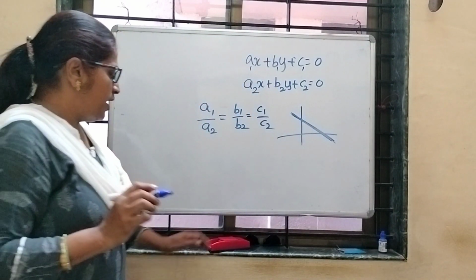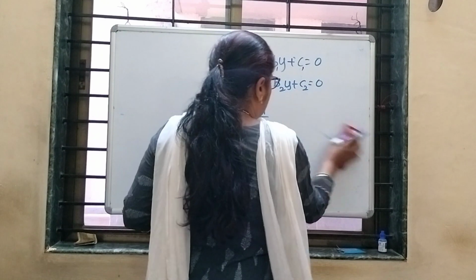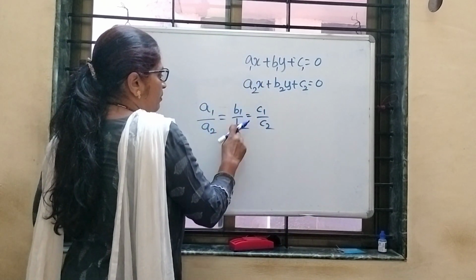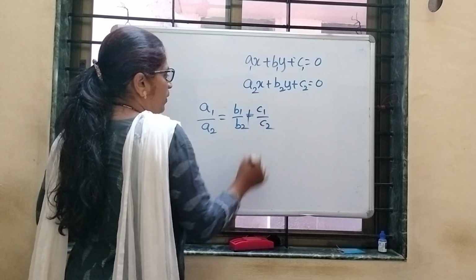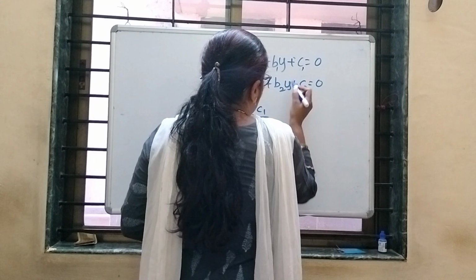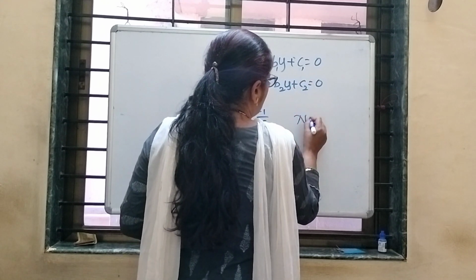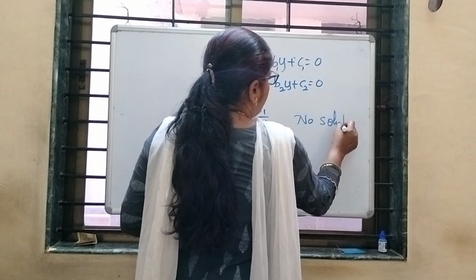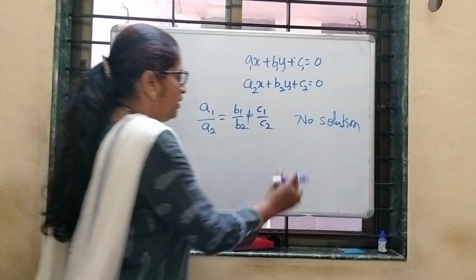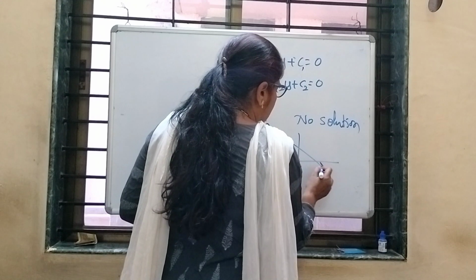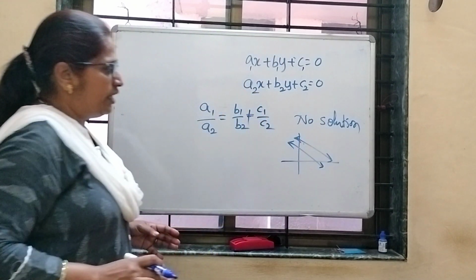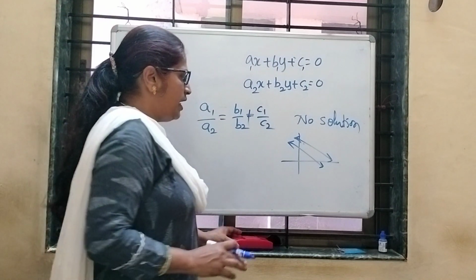If a1 by a2 is equal to b1 by b2 but not equal to c1 by c2, then the equations will have no solution. You will not get x and y values, and the lines will be parallel.